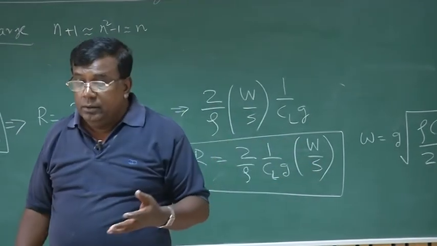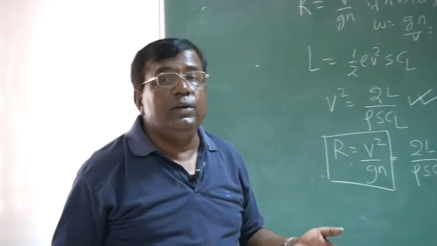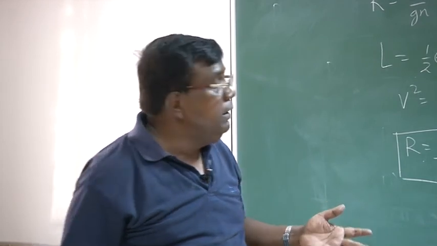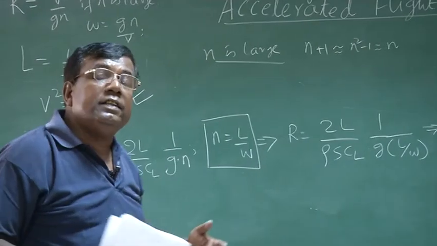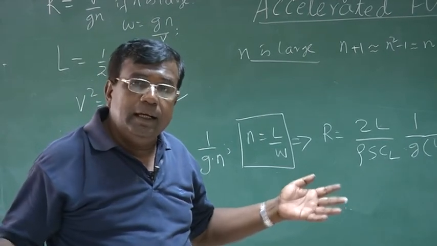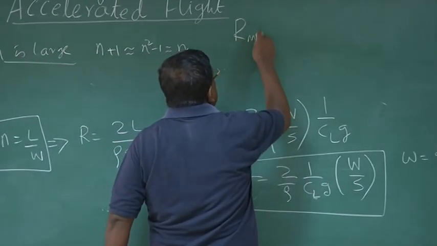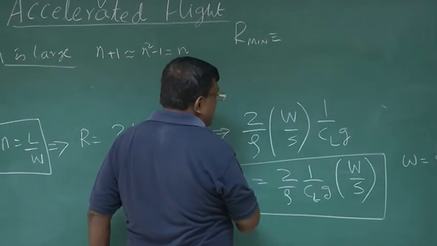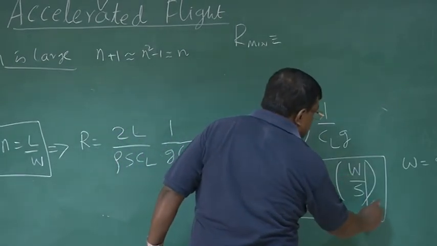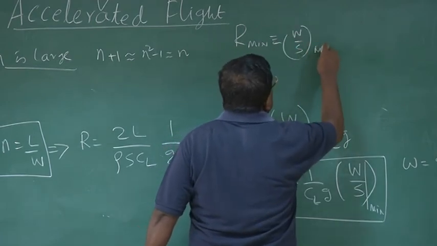As I was telling you, after all, this force is coming because of the wing, and the all-important property of the wing in relation to lifting characteristics is wing loading. Because if wing loading is small, that means it has a large wing area. So now see here, our aim is to get R minimum. And what does it say? For R minimum, I must also ensure W by S minimum, keeping other things constant.